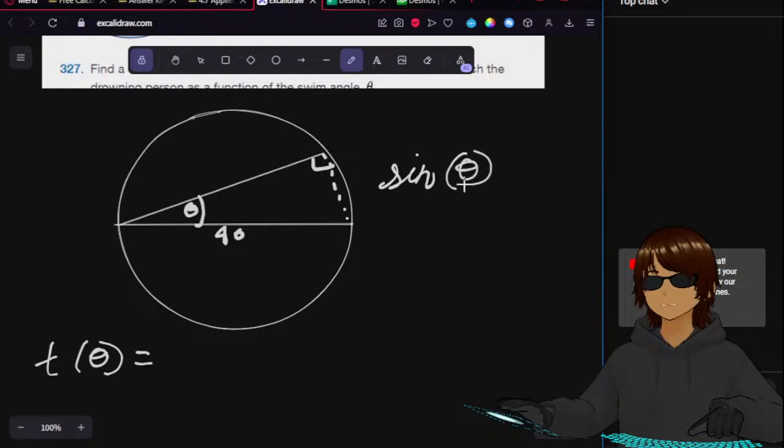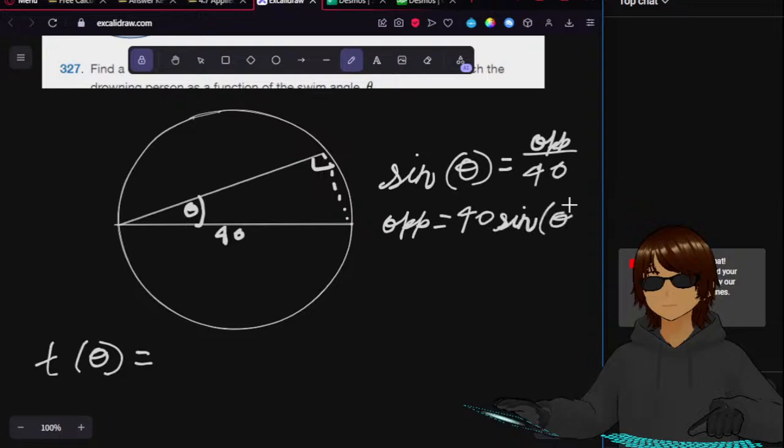Sine theta is the opposite over hypotenuse. So what is 40 meters sine theta?